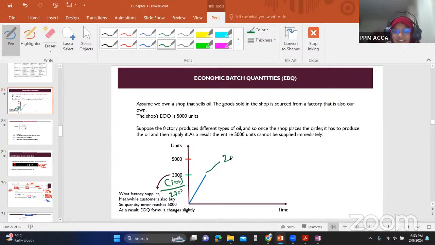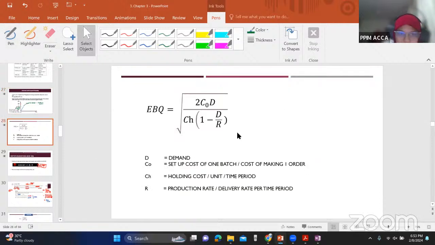After this, when we get the additional 2,000 and add what we already have, can you see the maximum number of units that the shop will have is only 4,900. Usually EOQ means that amount should be there in your inventory, but that is not happening here. So to avoid a stock out situation because of this, when we are placing an order, we have to use the EBQ formula and not the EOQ.